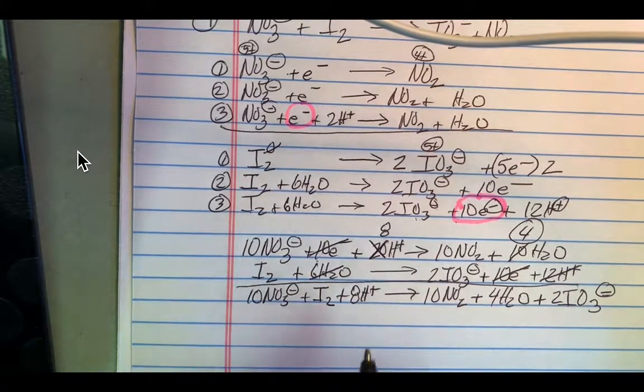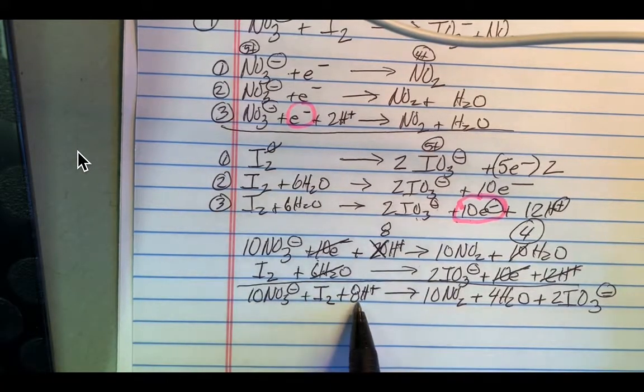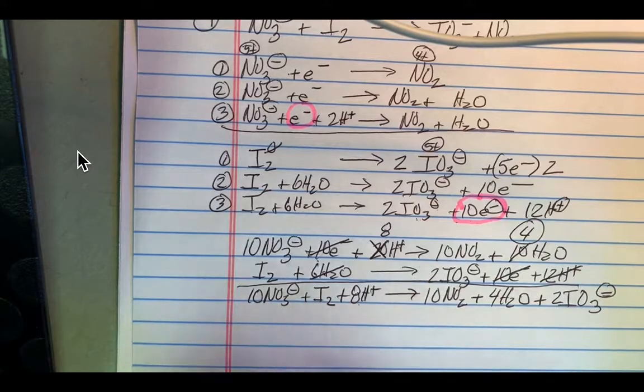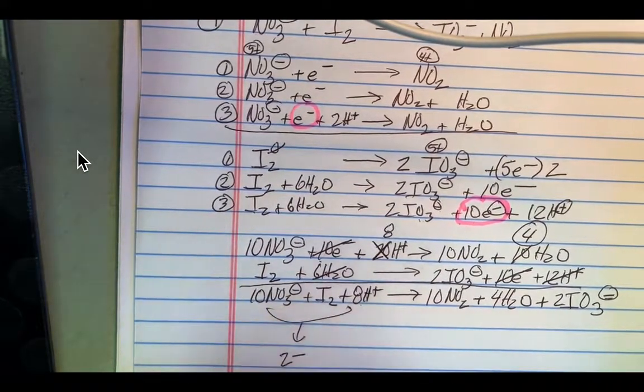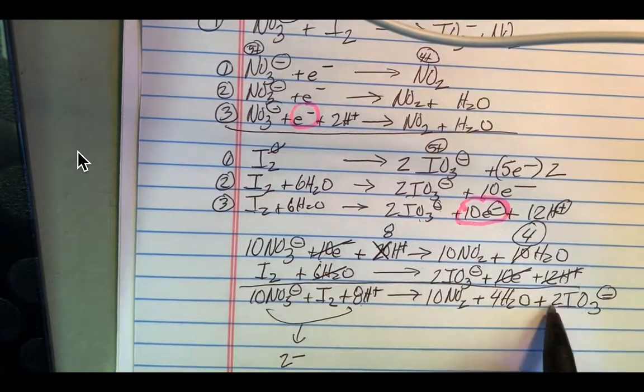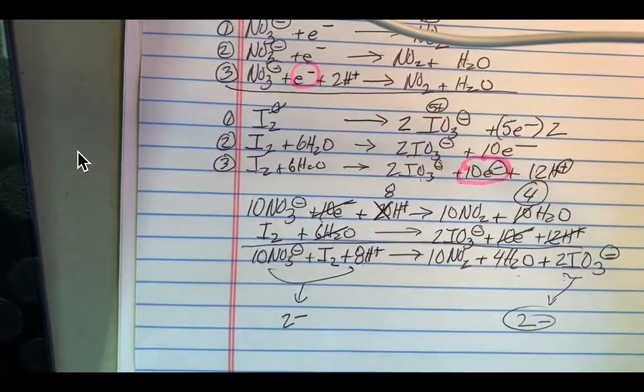There we go. This should be properly balanced now. So 10 minuses, this is 10 minus, this is 8 pluses, so this side of the equation has a 2 minus charge left overall. Neutral, neutral, and 2 times 1 gives me 2 minus, so it is balanced both in atoms and charge.